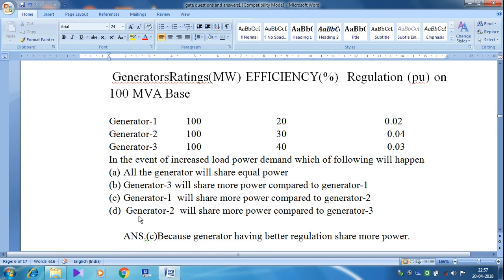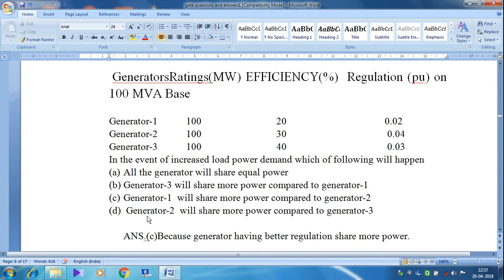Either we can also say generator 2. Generator 2 also regulation is better than, sorry, generator 2 will share more compared to generator 3. ये तो आंसर तो ठीक नहीं है. तो generator 1 then generator 3 will share more power compared to generator 1. This is also not correct.